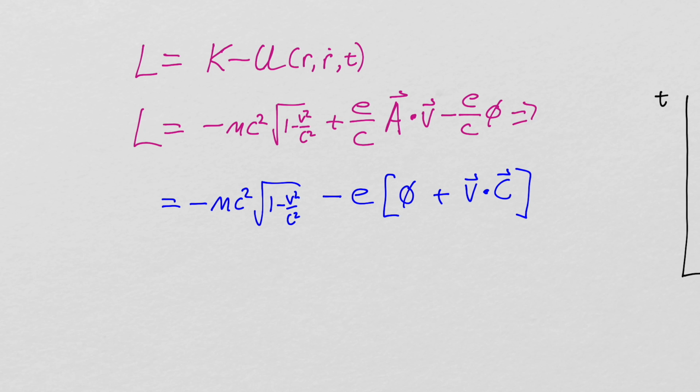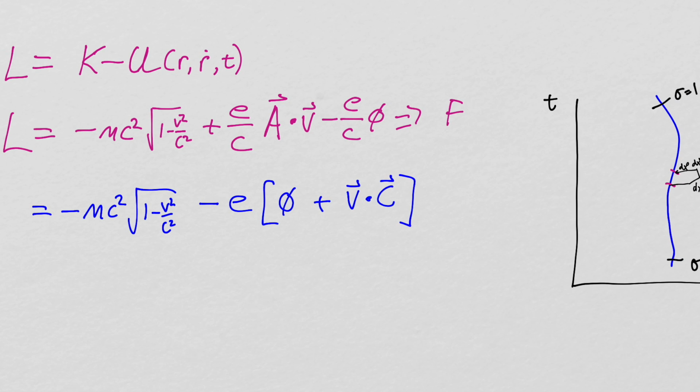This implies that there is a force which is proportional to E plus V over C cross B, right, with the appropriate definitions for E and B. And those appropriate definitions will end up looking like del cross A for B.